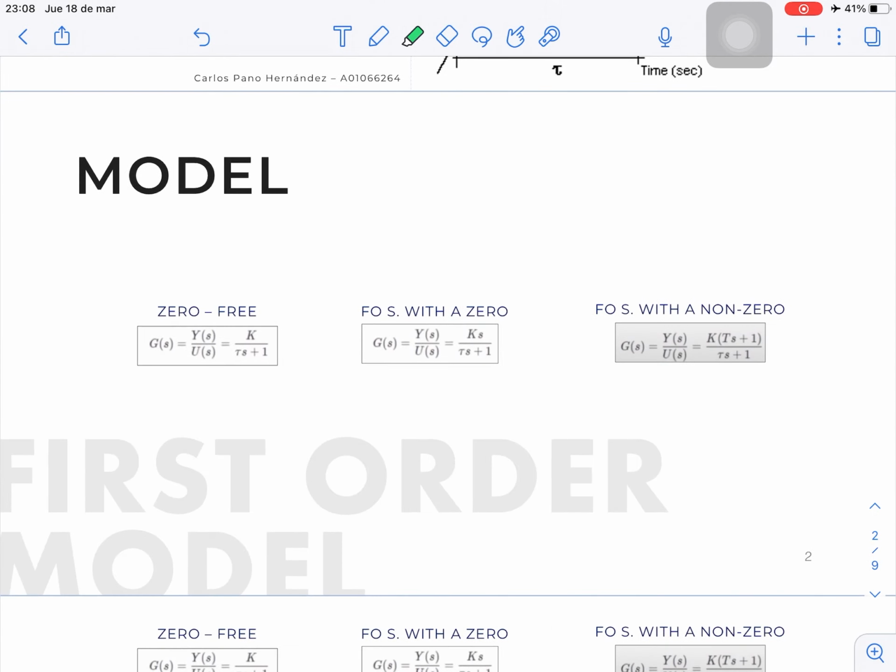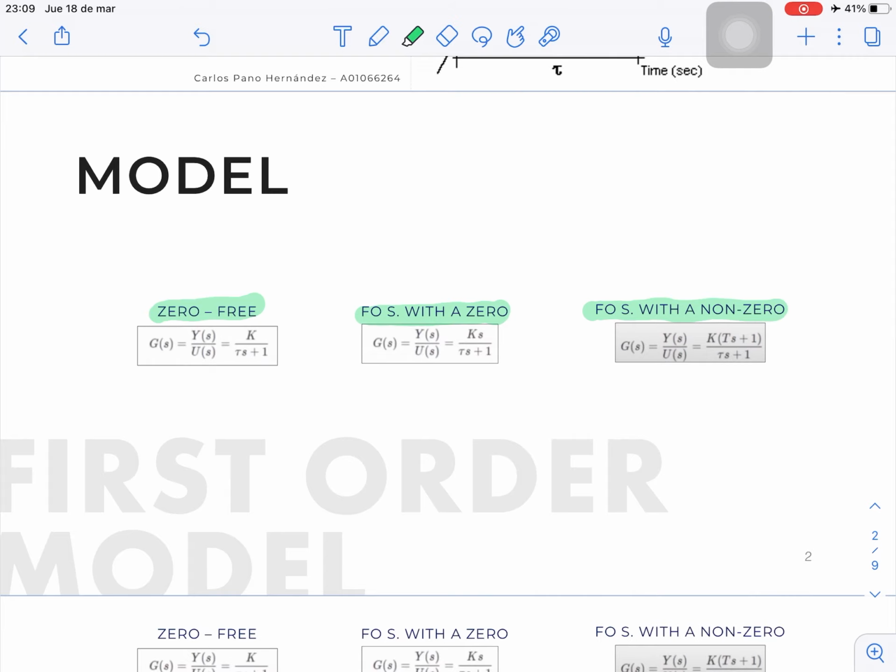In this slide, we see three different equations for the first order model. We know that they are a mathematical representation of how a process or system behaves over time. We have an equation of order 0, a first order system with a zero, and finally, a first order system with a non-zero.